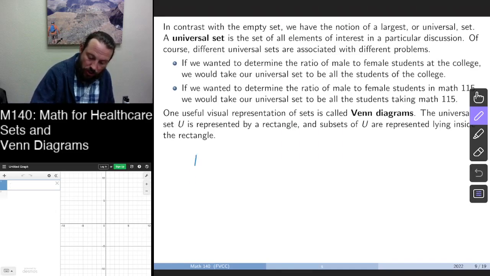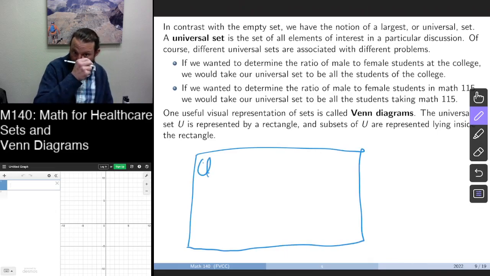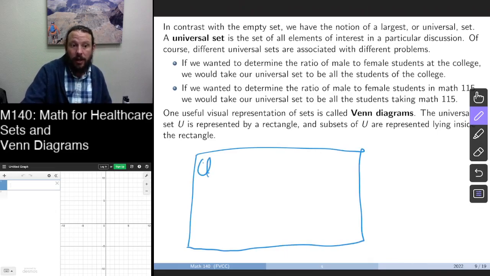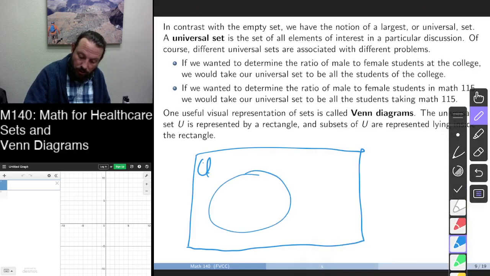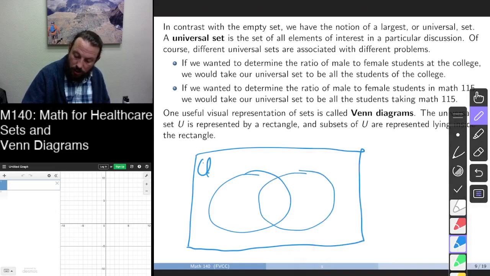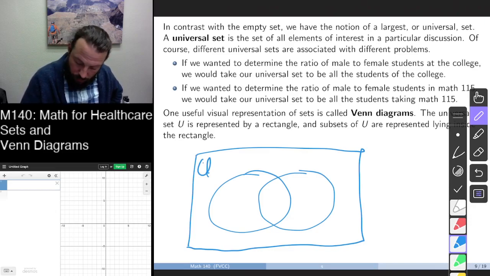The universal set, or the universe, is denoted by a square. And if we have two sets, say A and B, those are each represented by a circle, where this is A and this is B. What do I mean here?